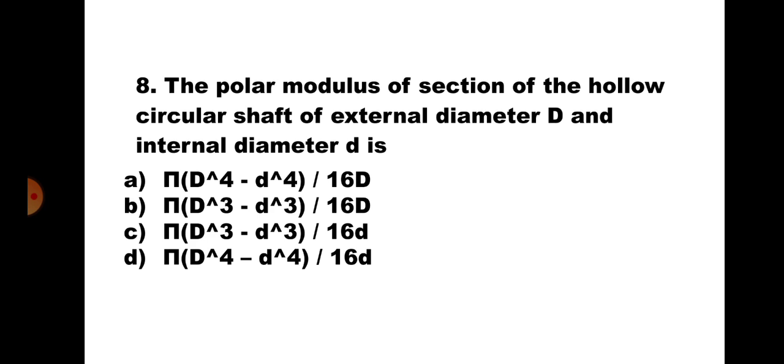Hence, the correct answer of this is A, pi into bracket capital D raised to 4 minus small d raised to 4 bracket complete upon 16d.